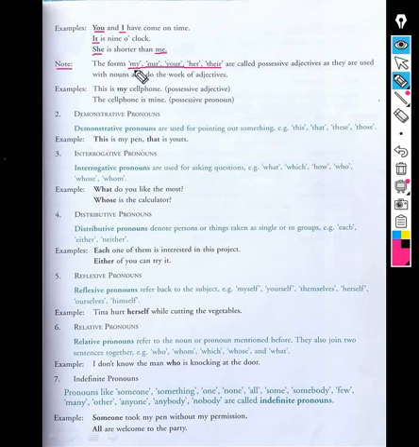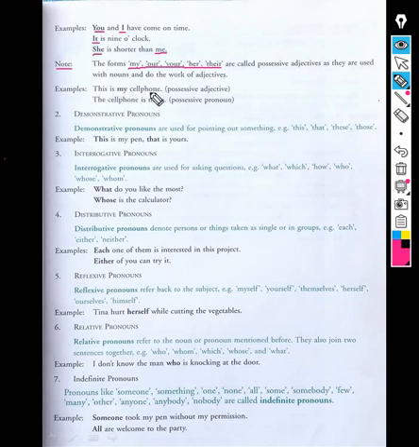For example, this is my book. Book is a noun and my is modifying that noun. So this my is here a possessive adjective. Our. This is our house. This is our school. Our is being used before a noun, that is school, house, and modifying that school and house. Same with the other examples.